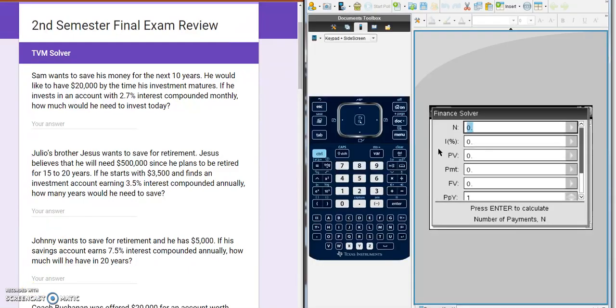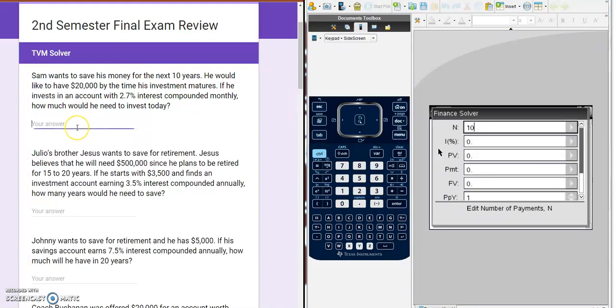Alright, so for the TVM solver, the finance solver, here we have Sam wants to save money for the next 10 years. He would like to have $20,000 by the time his investment matures. If he invests in an account with 2.7% interest compounded monthly, how much would he need to invest today? Well, here we need to solve for present value.